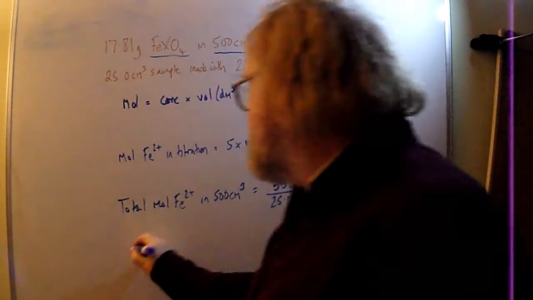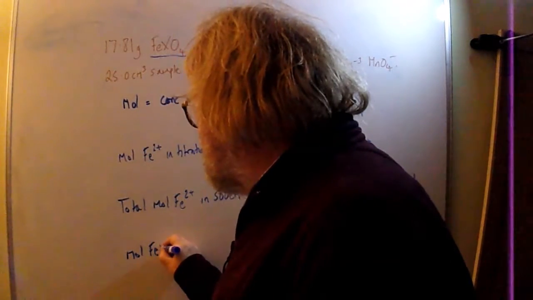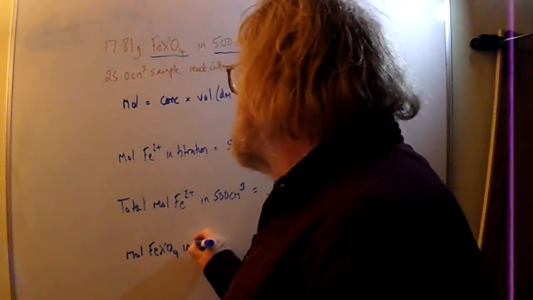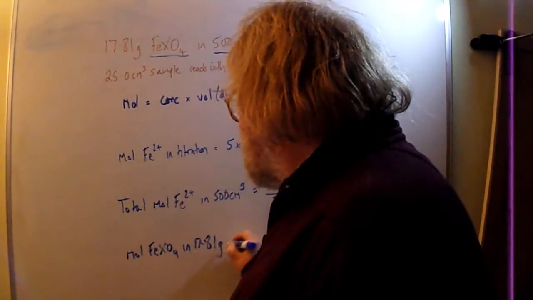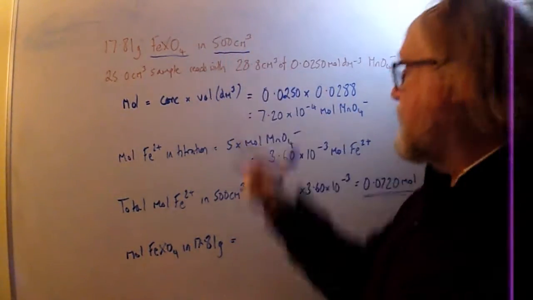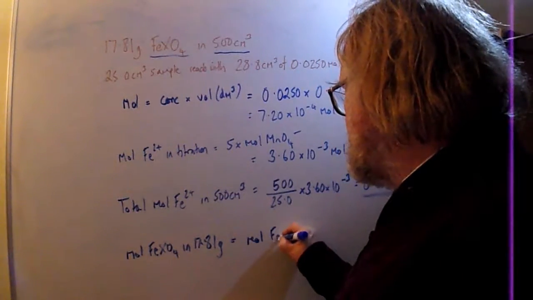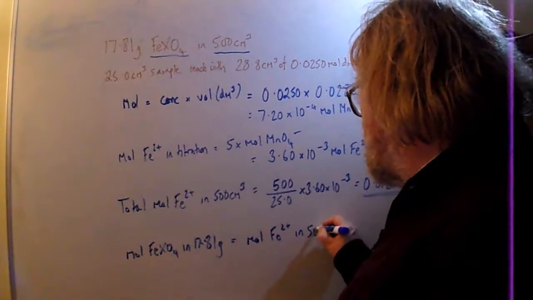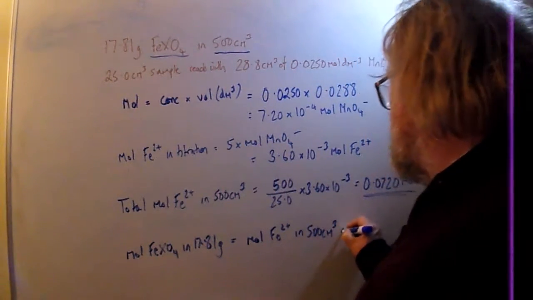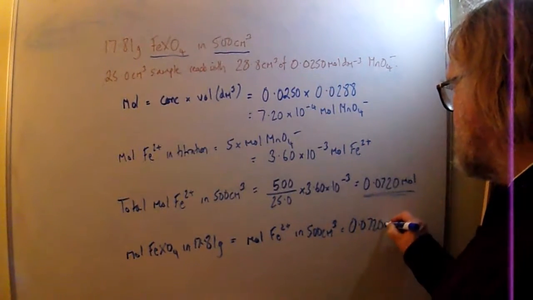So we can then write that the moles of FeXO4 in 17.81 grams, because all of that was dissolved in the 500 cm cubed, that will equal the moles of Fe2 plus in 500 cm cubed, which is what we've just worked out is 0.072 moles.